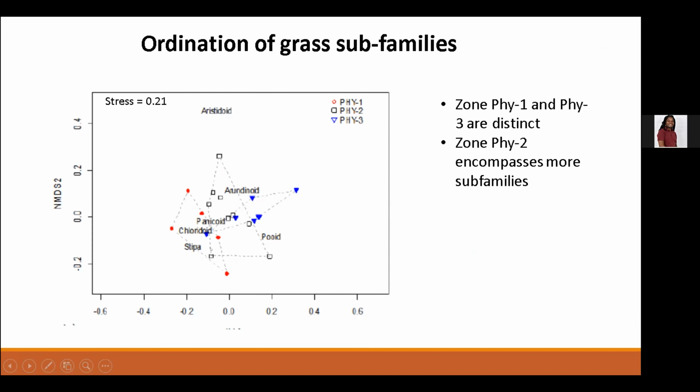And also we notice that zone Phi 1 is where Chloridoideae is centered, whereas Arundinoideae, which is Phragmites, is nearer to zone Phi 3. So that's actually quite interesting.